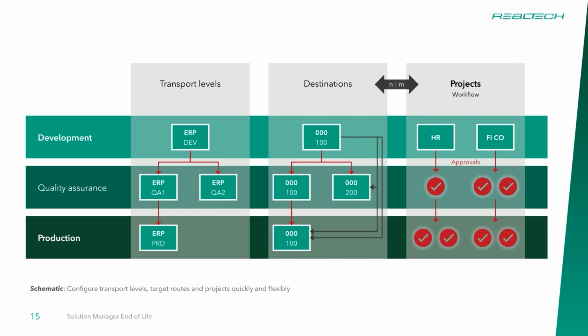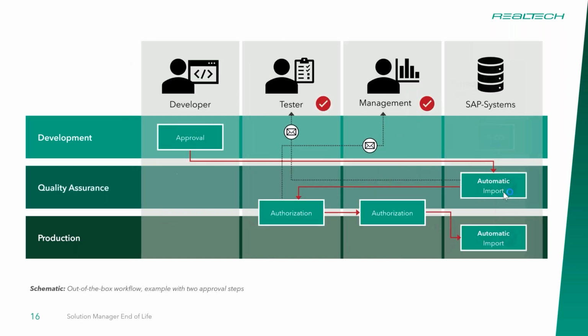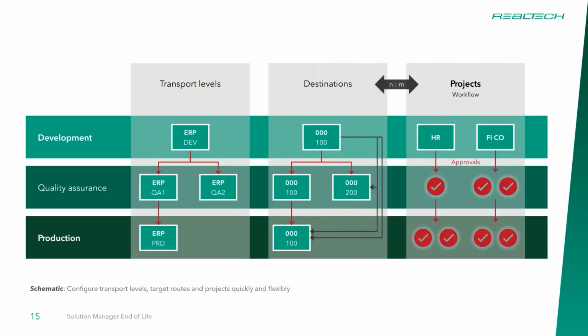And then projects. Projects to us are how we categorize, or I like to say we put them in containers, different containers, such as projects. So you could have an HR project that has 1 approval in the quality and 2 in the production, or you can have a finance project that has 2 approvals into quality assurance and 2 into production.